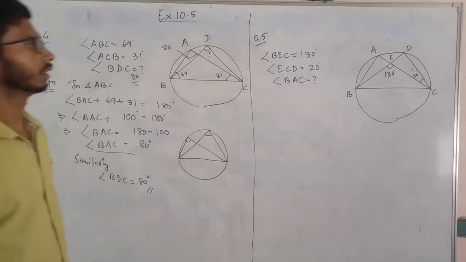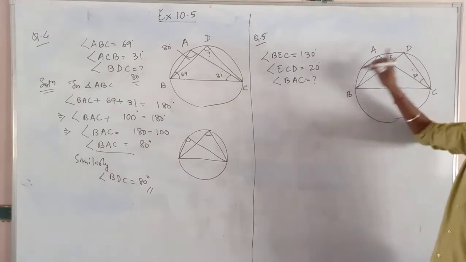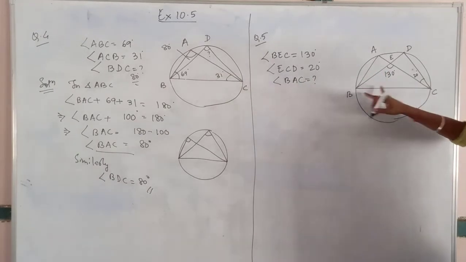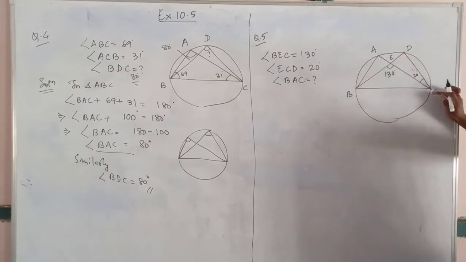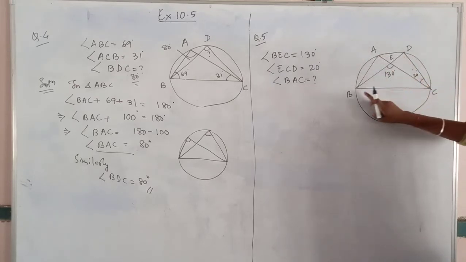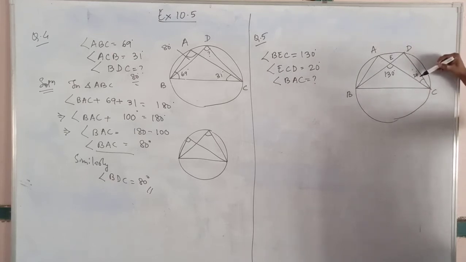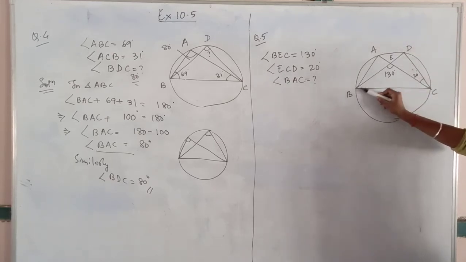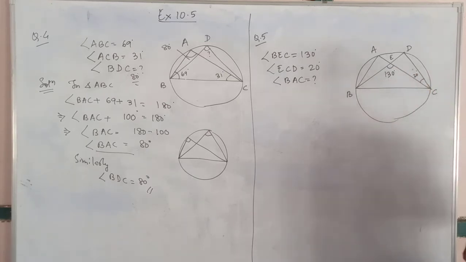Okay. Let us see question number 5. A circle is given. BC is the chord. BAC is the angle made at the circumference with this chord. Angle BDC is also an angle. Angle ACD is given as 20 degrees. Angle BEC is given as 130.